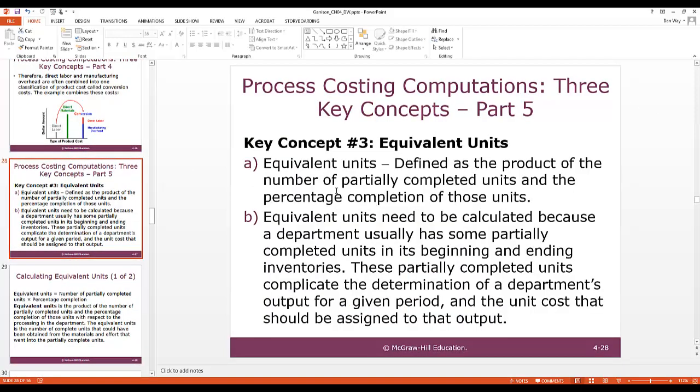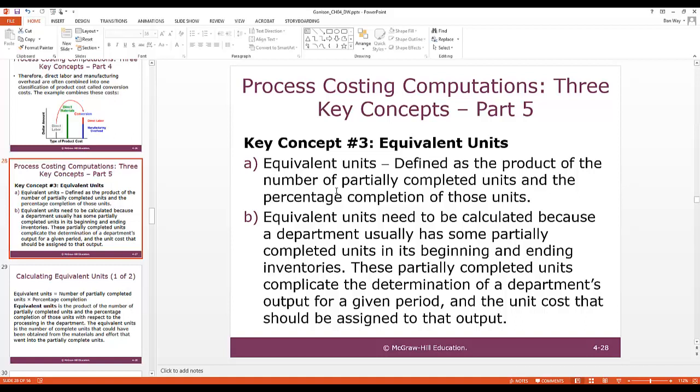Again, equivalent units of production we define officially as the product of the number of partially finished units and the percentage completion of those units. So how many physical units are sitting there or went through the process times the percent complete those units are with respect to something.